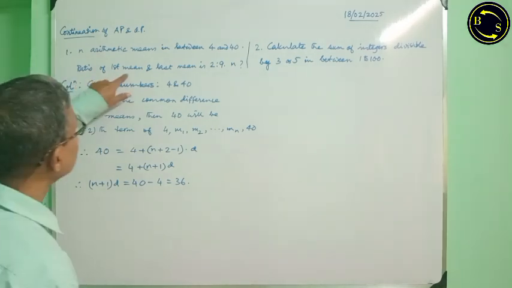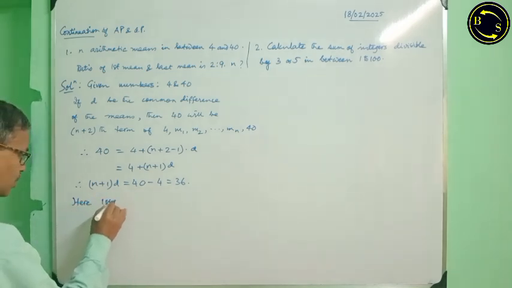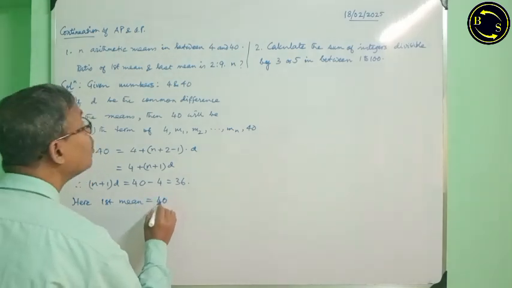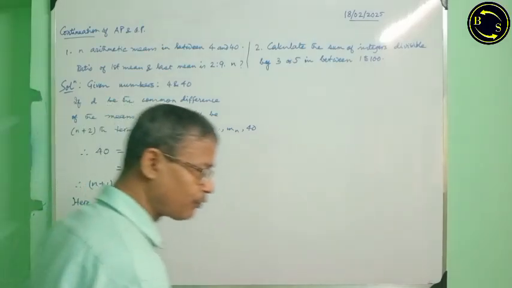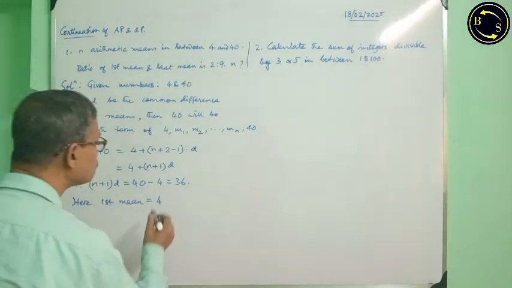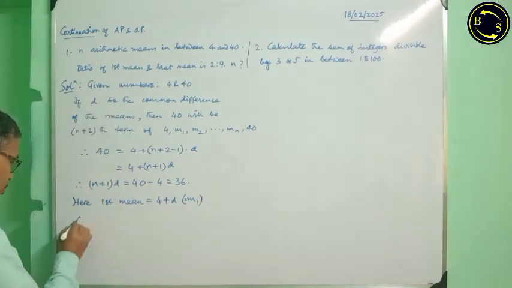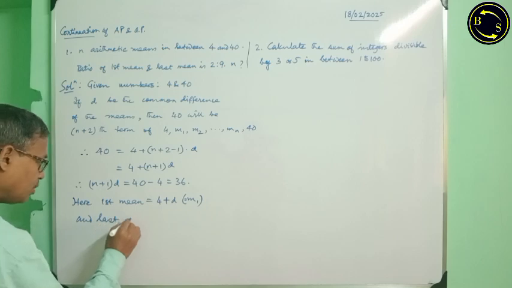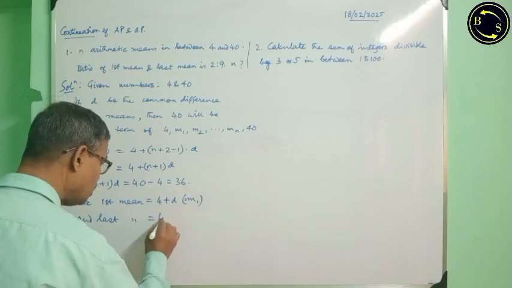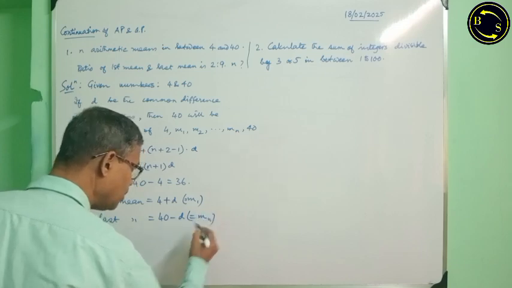Now, the ratio of first mean and last mean. Here, first mean is equal to 4 plus d, that is m1, and last mean will be d less than 40, that means 40 minus d, that is the last mean.